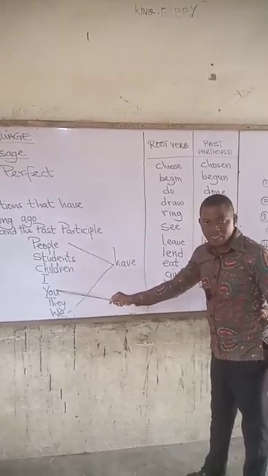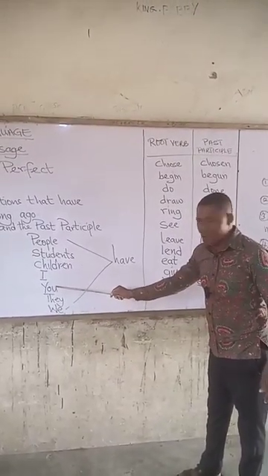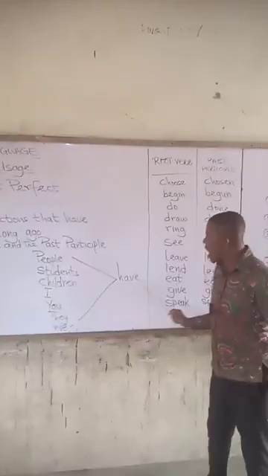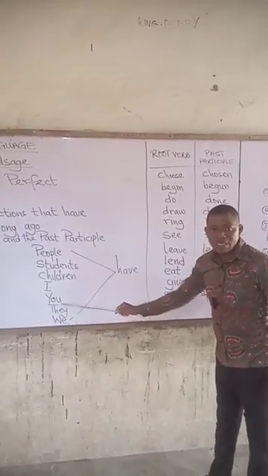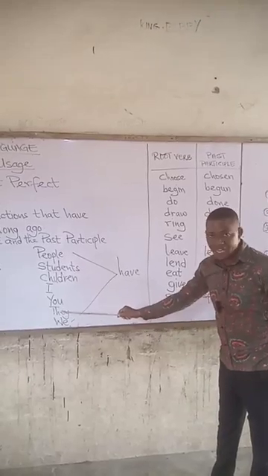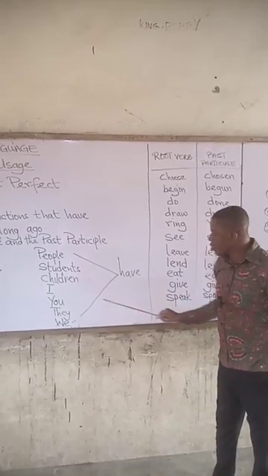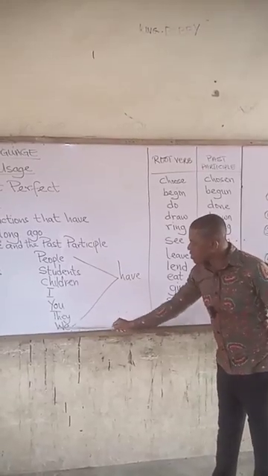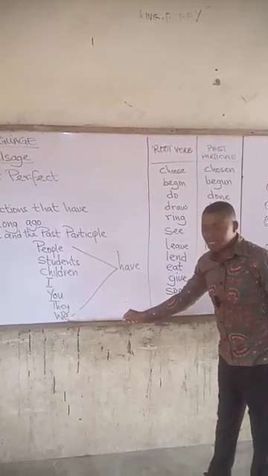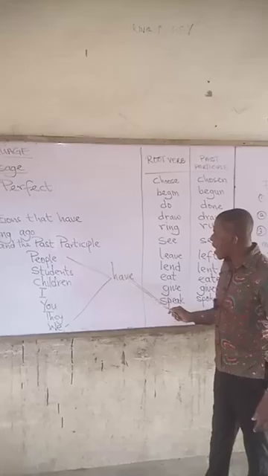You, which is the second person singular or plural, you can also use what? Have. Then we also have another one called third person plural, which is they. So with they, you can also use what? Have. Now we also have first person plural, which is what? We. You can also use have.